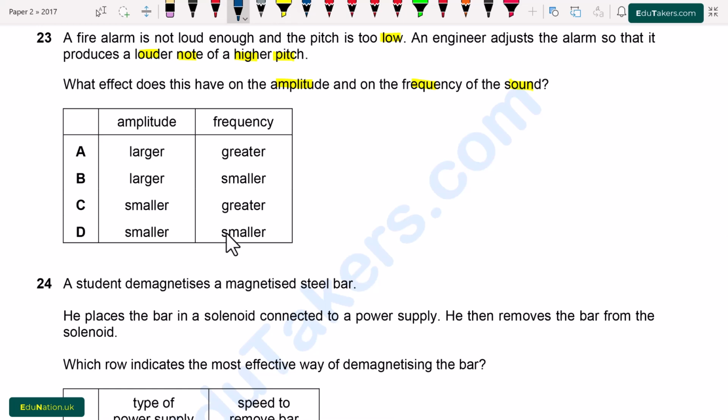First of all, when there is a louder note and high pitch, loudness is basically related to the amplitude. I write here, loudness is directly proportional to the amplitude. When the loudness increases, amplitude also increases. So in this case, amplitude will be larger.